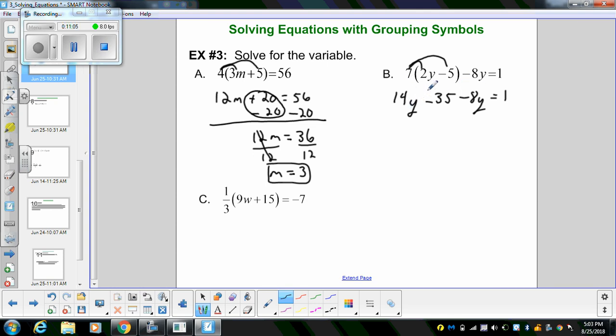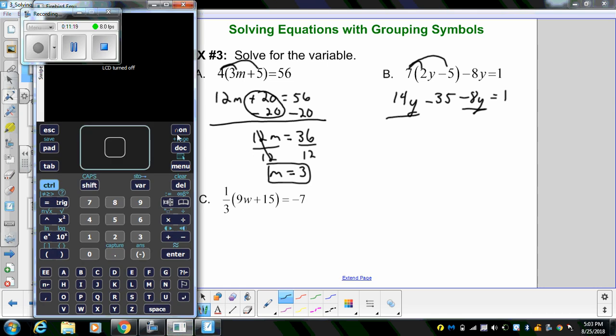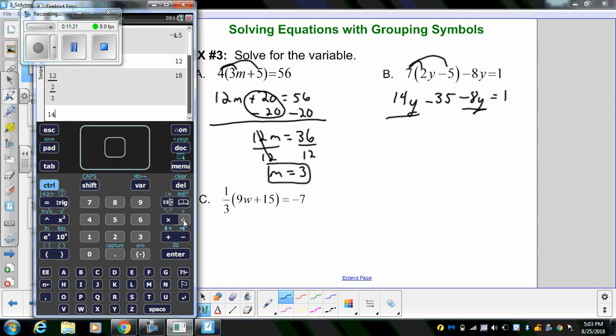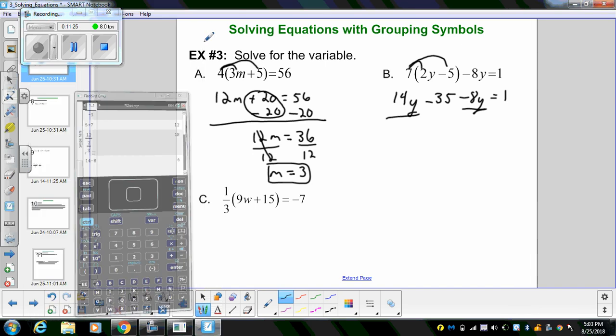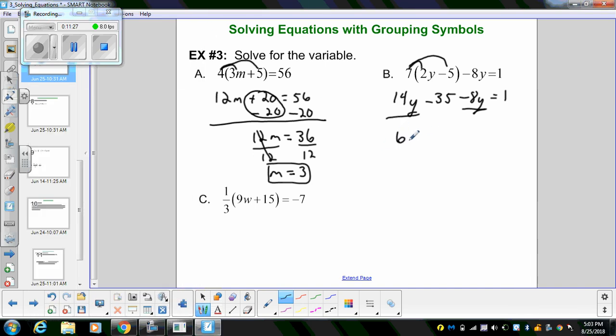Remember that when we combine like terms, we did not change their sign. We just added them. So it's going to be 14 minus 8, which gives us 6. So this gives us 6y minus 35 equals 1.